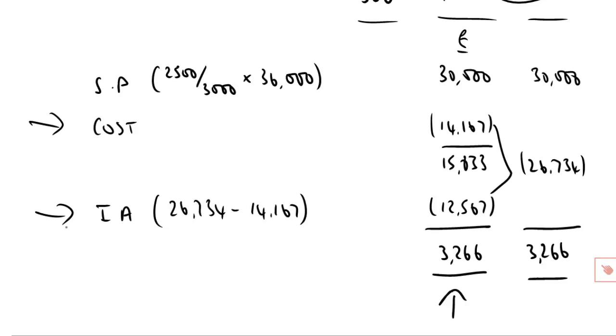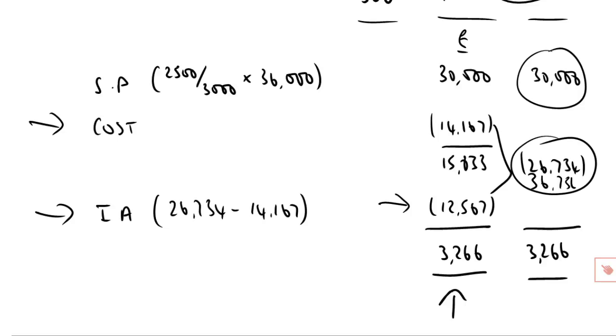The reason being is that we know that any indexation allowance cannot serve to increase or create a loss. So if that total had been more than your proceeds of 30,000, your index cost had been more than 30,000, then you couldn't show a loss just by deducting, imagine that was 36,734.